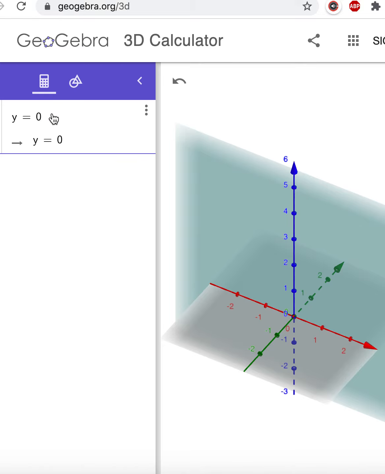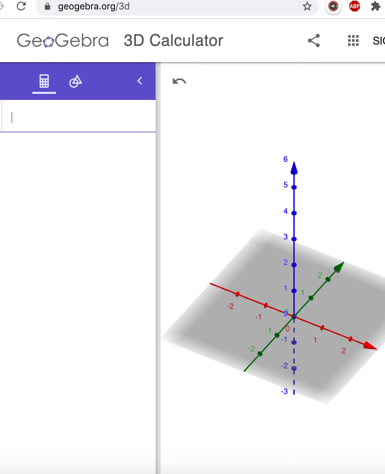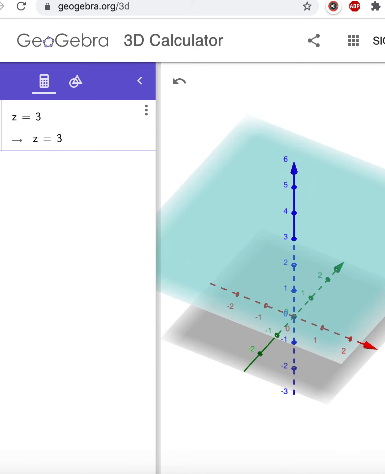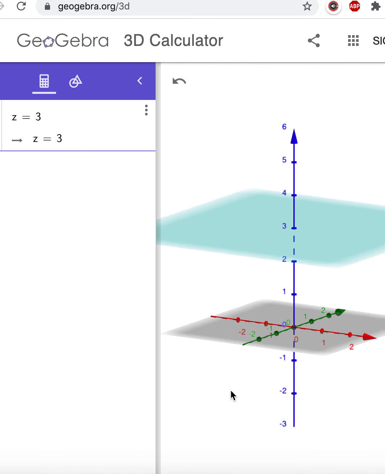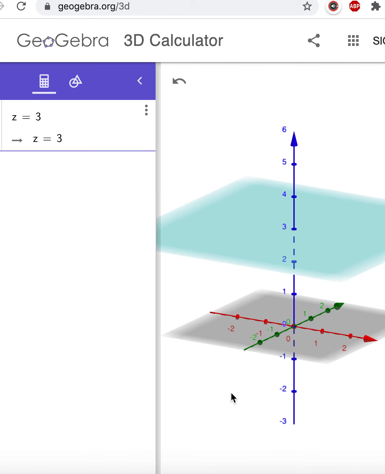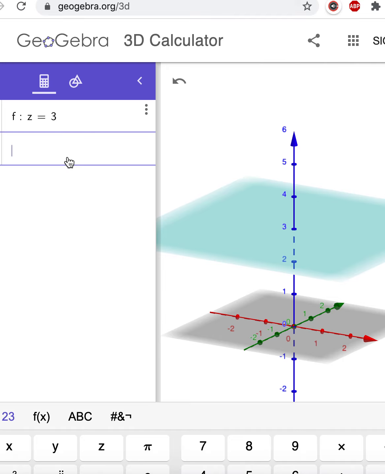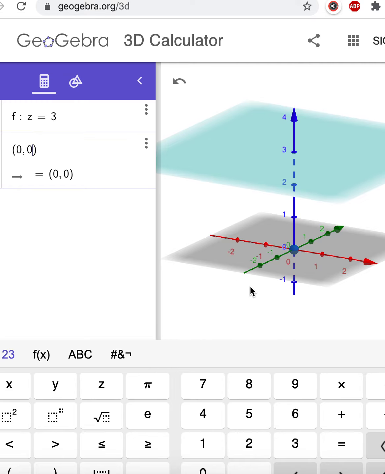What I'm going to try next is, let's decide what is a function. Is z equals 3 a function or no? It turns out it is a function. The reason why is we never get more than one z value for every x and y input. So how do we find the different x and y inputs? Take the point 0, 0, located at the origin.